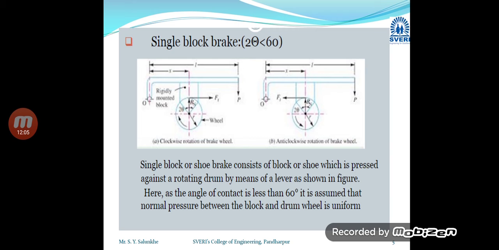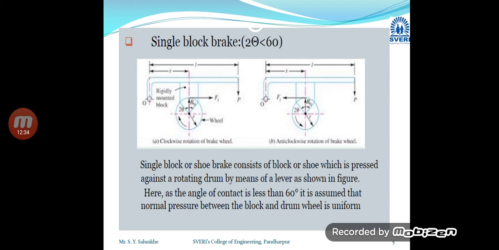The most important thing in the force analysis is the radius of the drum, and the force which is used for braking. These types of brakes consist of a block, and that angle of wrap is considered as less than 60 degrees, so it comes under the category of single block brake.